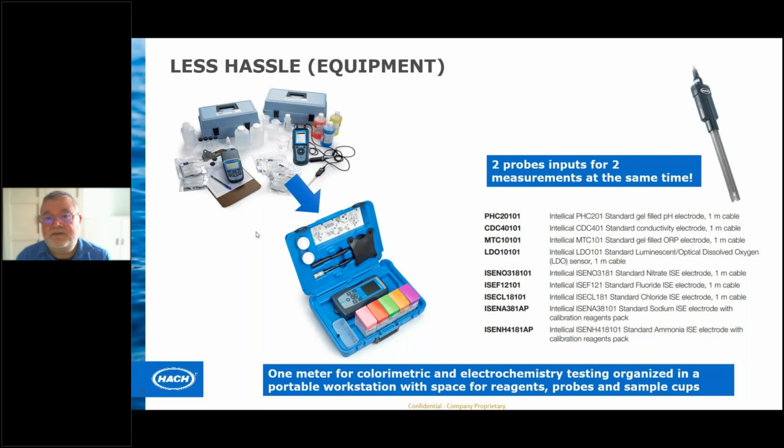And as soon as you connect the probe, the instrument will automatically recognize which kind of parameter you want to measure. And if the instrument has 2 ports, you can mix the different probes on the 2 ports as you want.